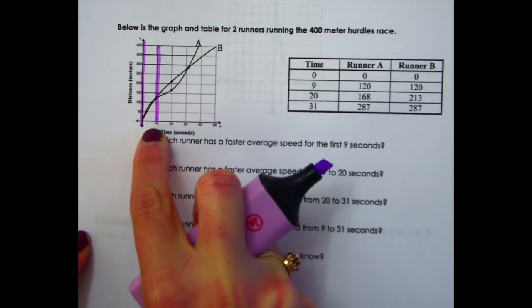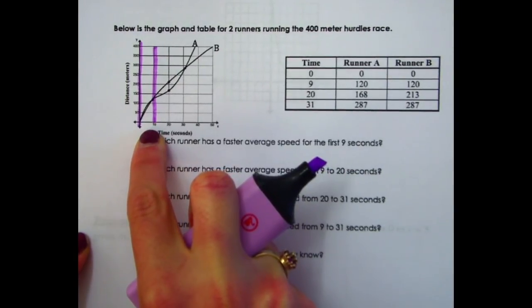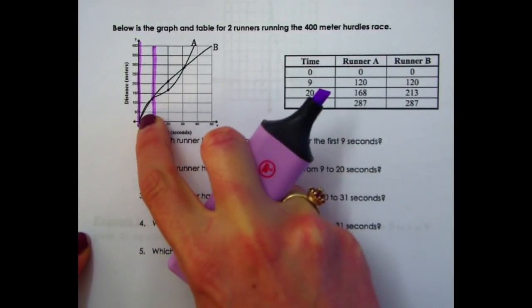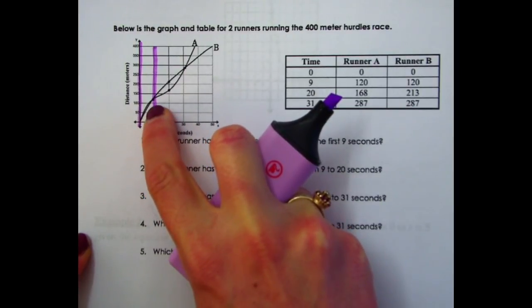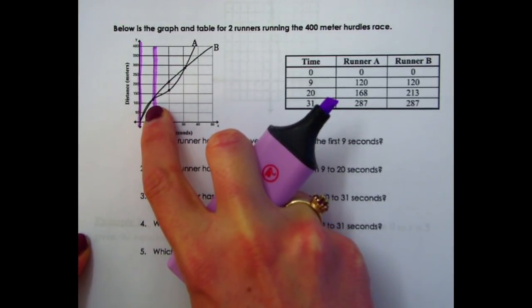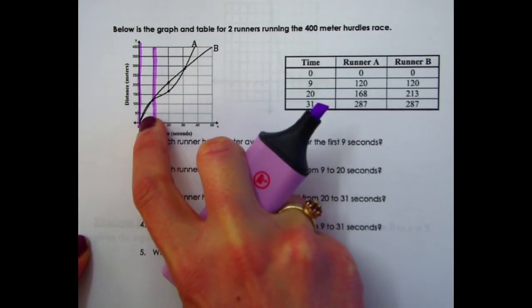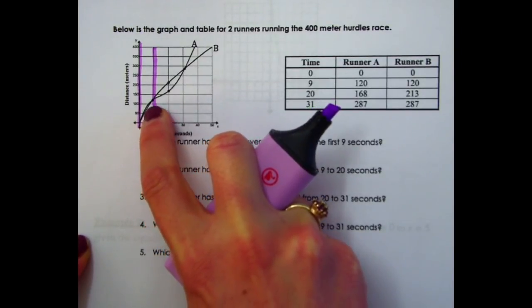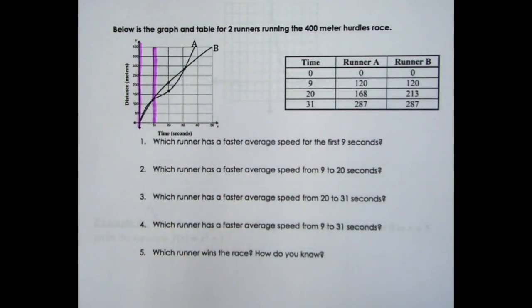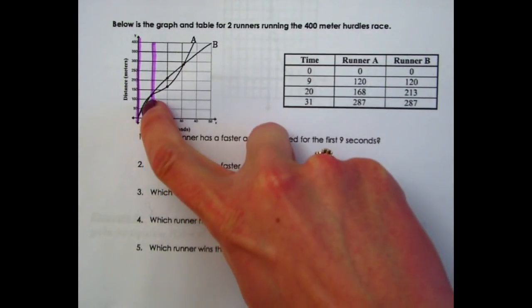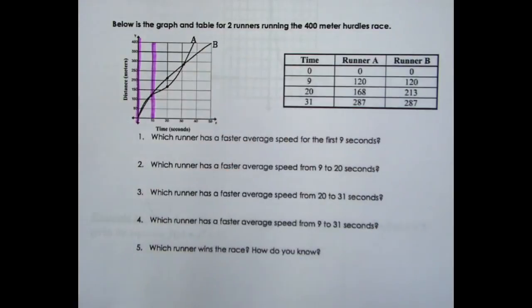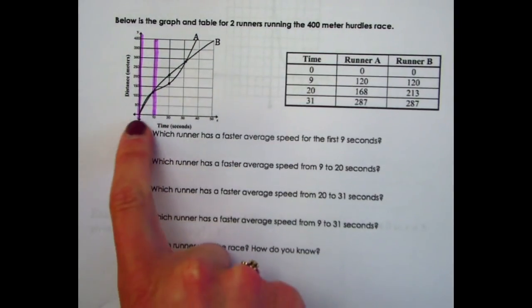On this interval it's a little bit hard to see, but they pretty much have the same average speed, or the same slope to the line. However, runner A looks like they have a slightly steeper slope, or a slightly faster average speed, in that first interval.